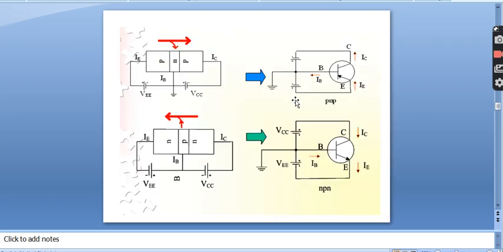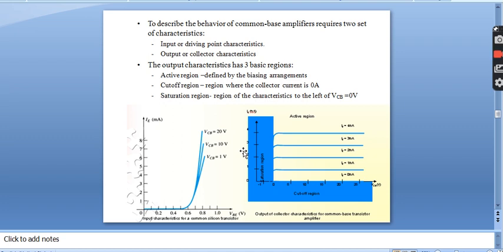When we draw the plot between the voltage drop between base and emitter and the emitter current, we keep a constant output voltage. Here the constant output voltage is VCB, the voltage drop between collector and base. That is the input characteristics.